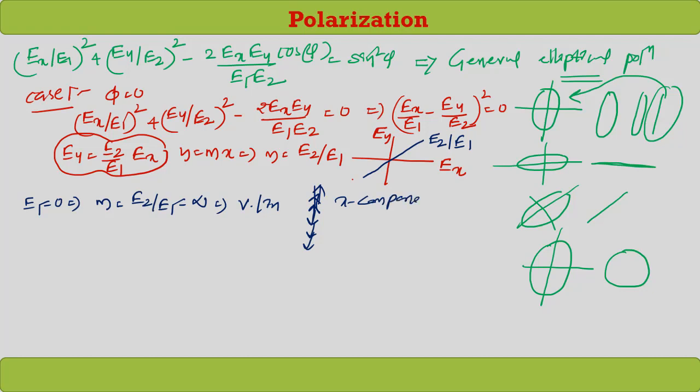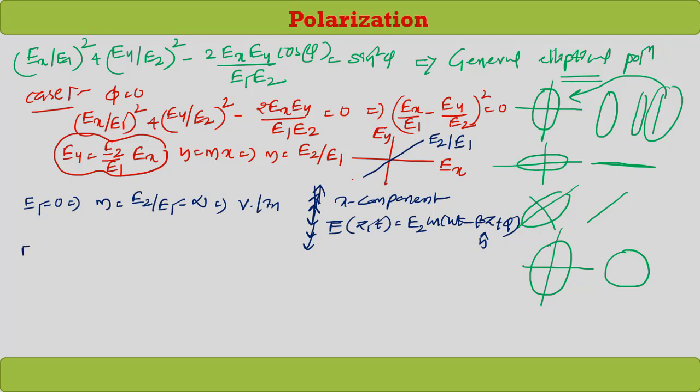Out of the two components of the electric field, x component and y component, you will be left with only the y component because we have made E1 is equal to 0. That means E2 cos(omega t minus beta z plus phi) y cap. Only this part is available. Since it is oriented in the y direction, we have the vertical polarization only.